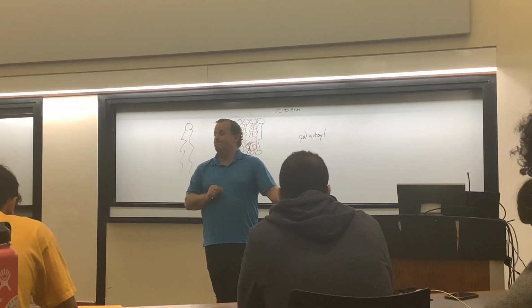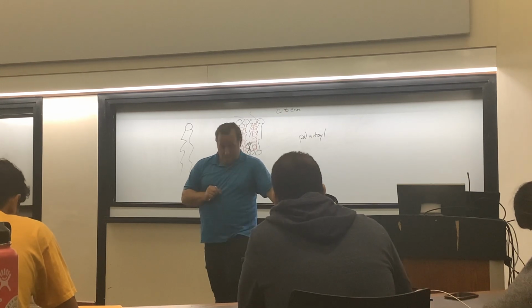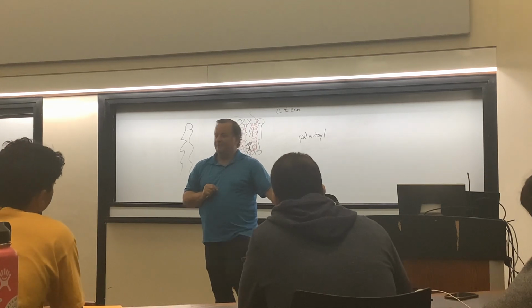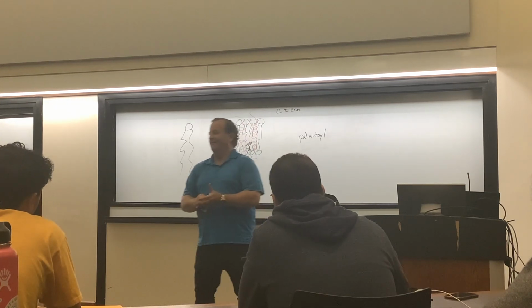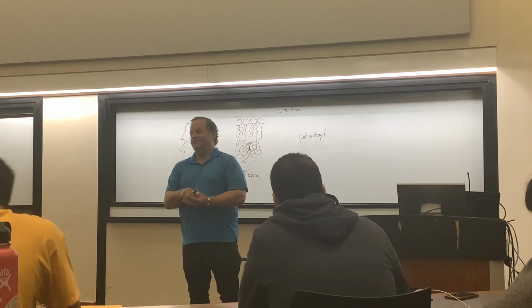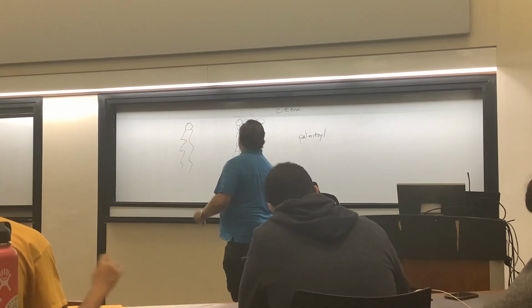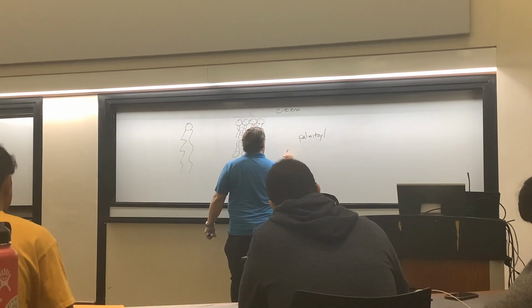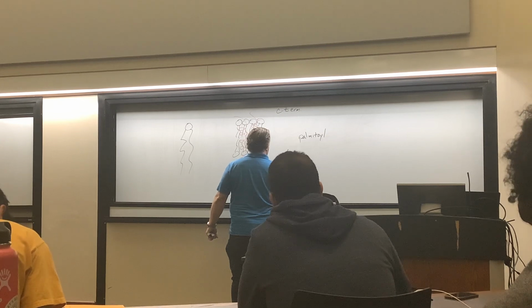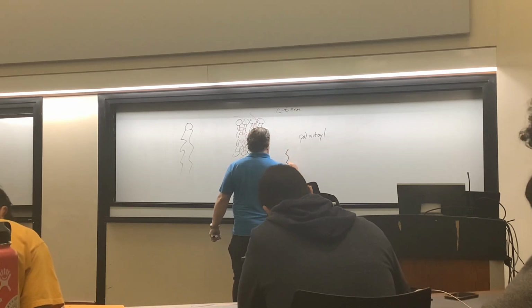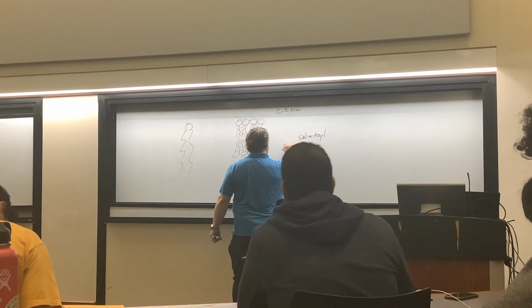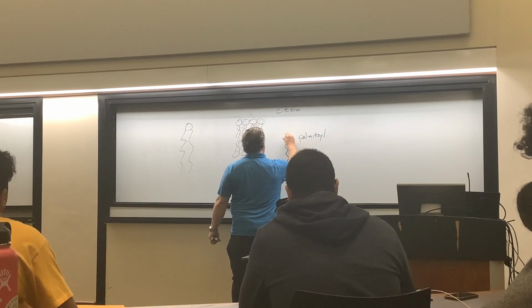Can you find it? This is the top result. 16. So you can have one, two, three, four, five, six, seven, eight, 9, 10, 11, 12, 13, 14, 15, 16.